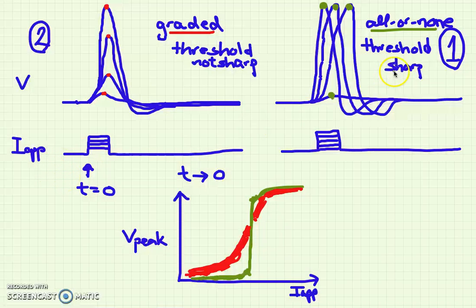When we say that the threshold is sharp in the case of the type 1 response, what's being referred to is that the range of applied currents required to move from full response to no response is relatively small. And in the case of the graded response, this range is actually much larger.